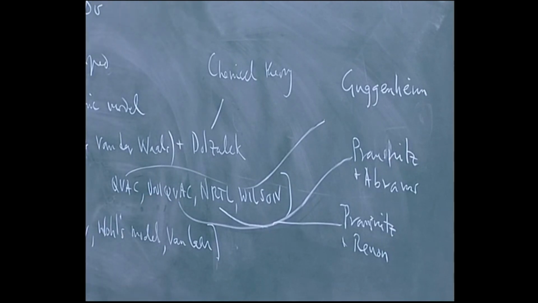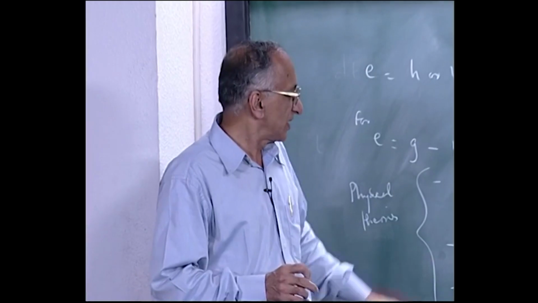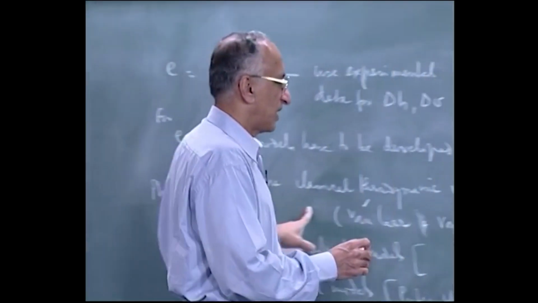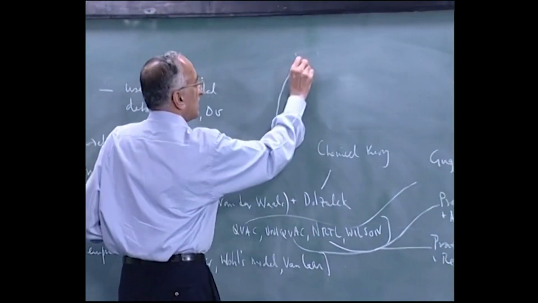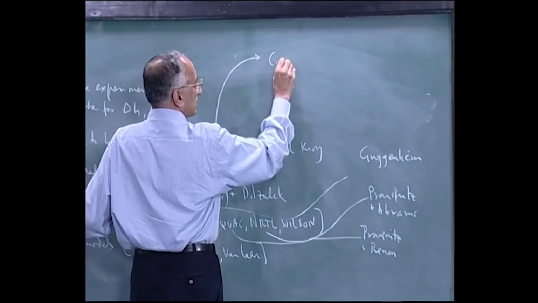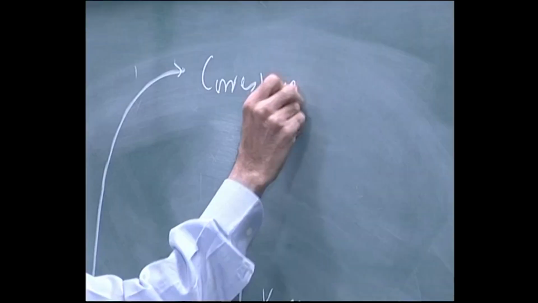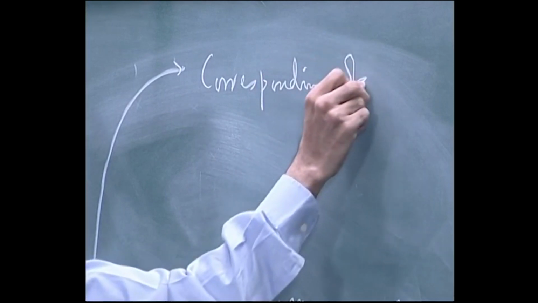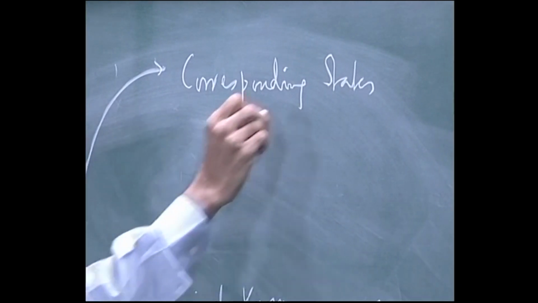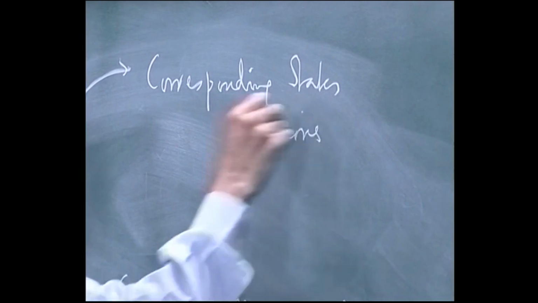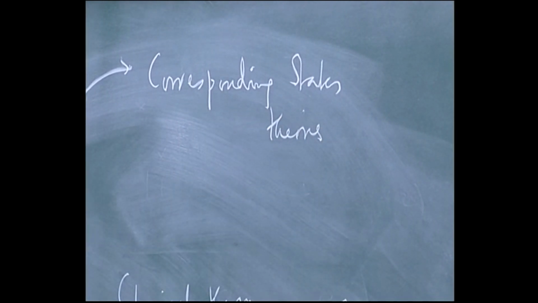There is a corresponding theory, actually I must have mentioned that here. Apart from these, there is another whole list of theories that go by the name of corresponding states. I will discuss that separately.